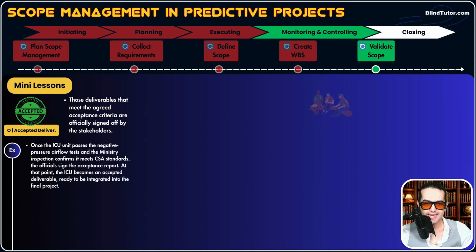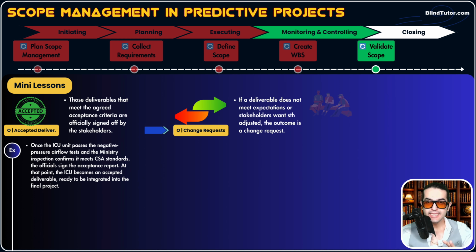Now, guys, the second output is change request. What do I mean by that? If a deliverable does not fully meet expectations or stakeholders want something adjusted, minor things or maybe a big thing, the outcome of validate scope is a change request.